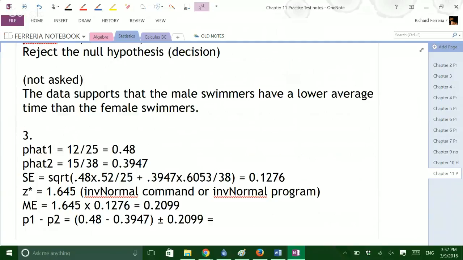48, that's 38. I can't subtract this in my head. It's 0.0853 is the mean. Do you want the confidence interval? Oh, 0.48 minus 0.3948. 0.0853. Yeah. So that's 0.0853 plus or minus that.